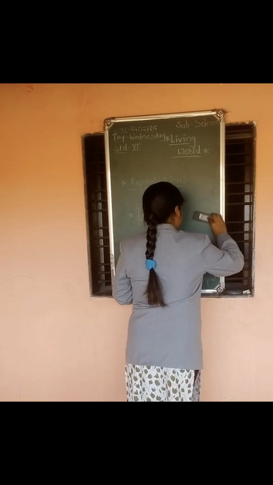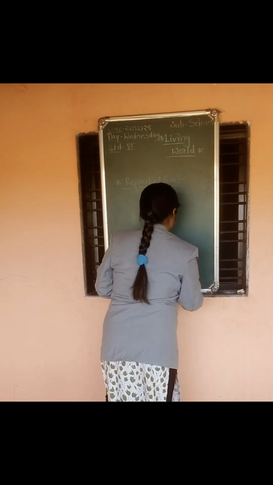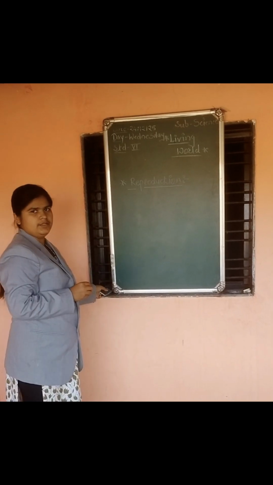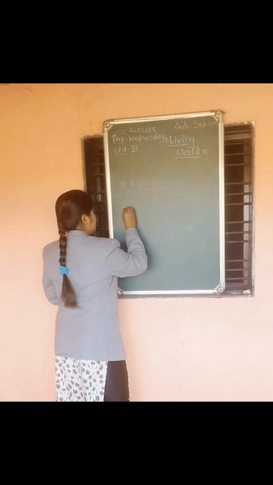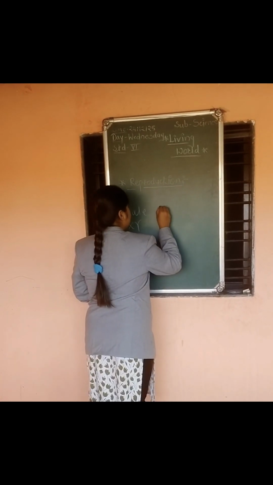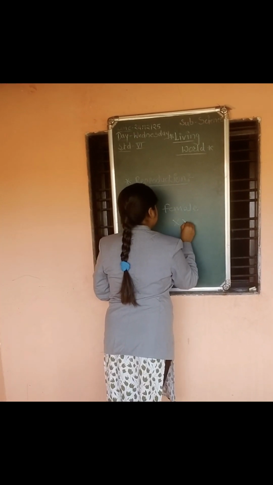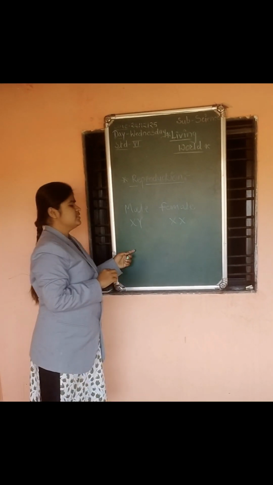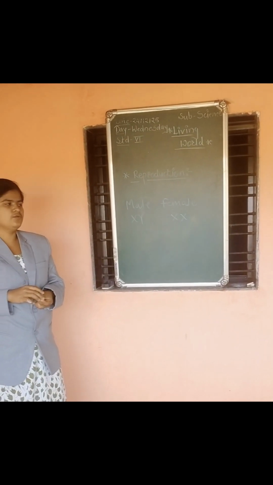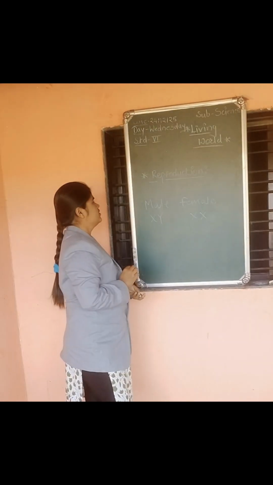So now we talk about the animals. In animals the property of reproduction is also observed. In males there is an XY chromosome, and in females there is an XX chromosome. These chromosomes are responsible for reproduction in animals, in humans. So this is all about reproduction.